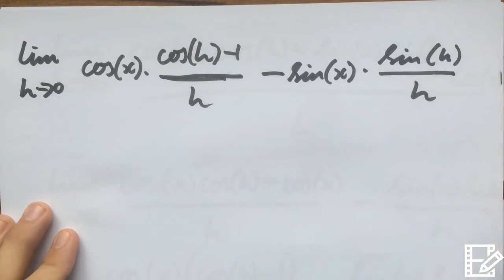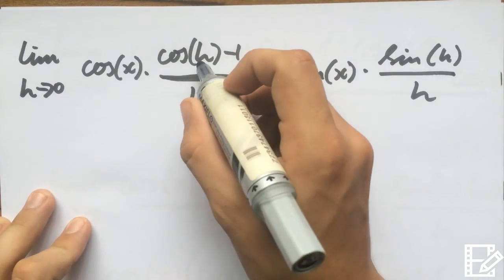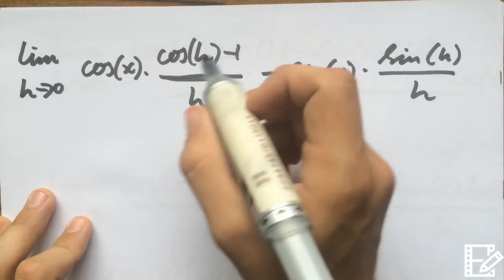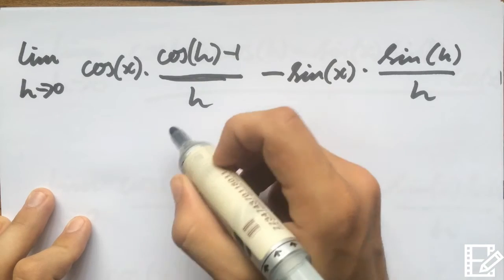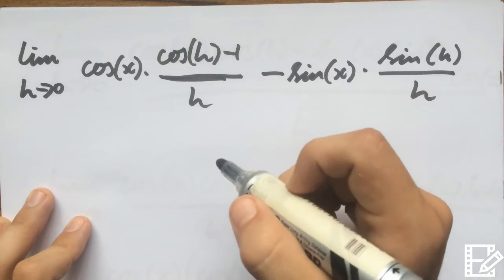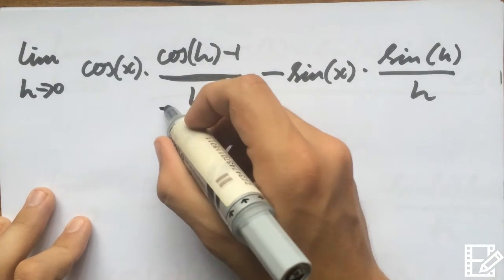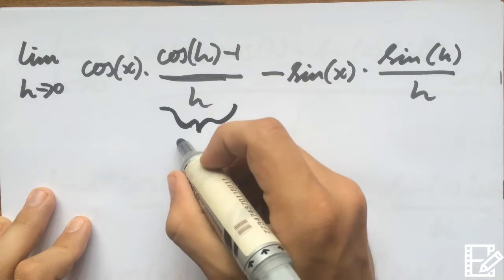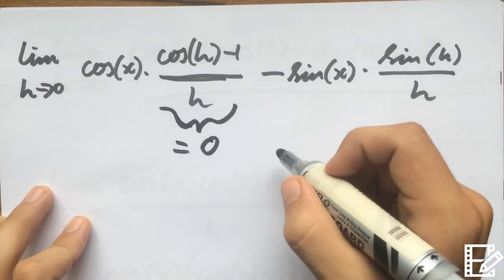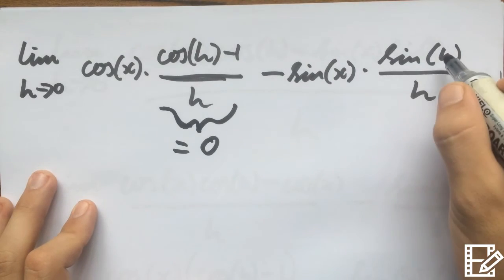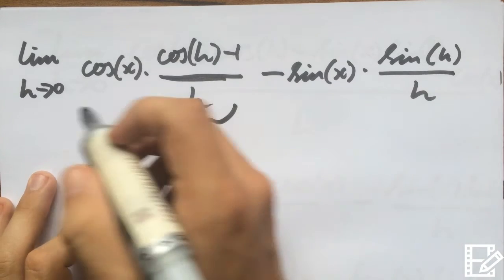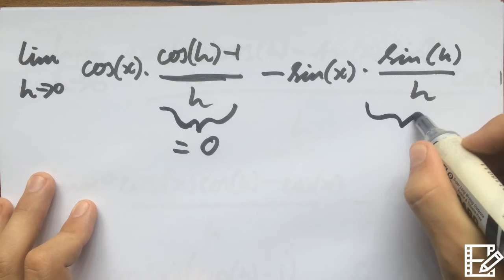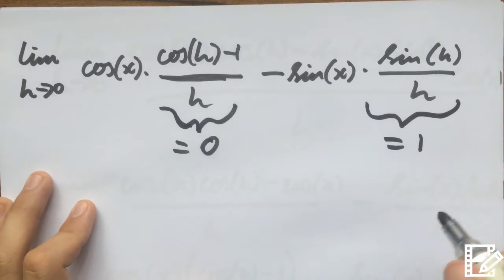So what can we do with this? Well, in another video, I showed that (cos h minus 1) over h as h approaches 0, which means as these numbers tend to 0, so they're not quite 0, but they basically are, equals 0, and sin h over h as h approaches 0 equals 1.